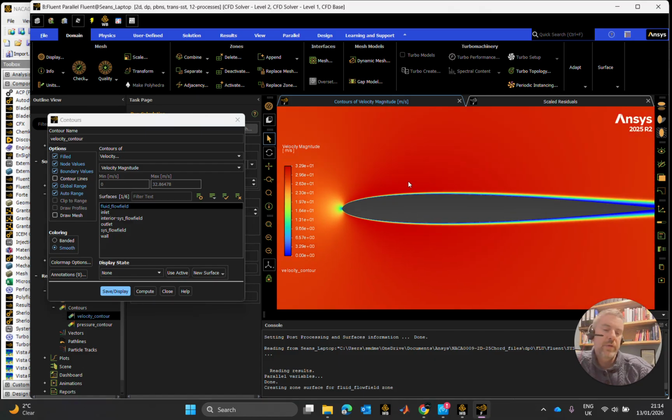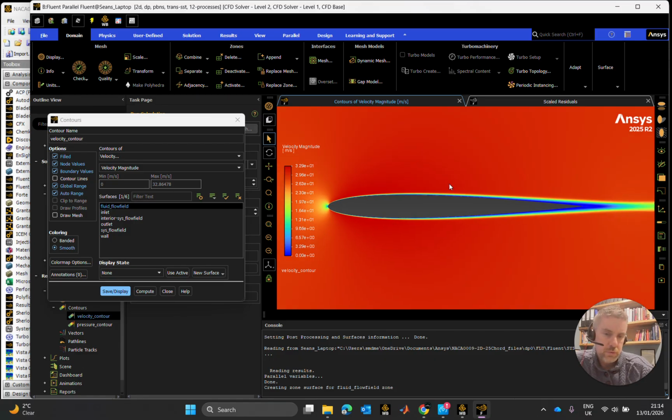That effect there of the accelerated flow producing the lower pressure is part of what gives the airfoil its ability to apply to the fluid, or rather the fluid to apply on the airfoil, a force which is perpendicular to the direction of flow, which will be in this case in two dimensions, up or down, depending on the symmetry of the airfoil, the camber, and the angle of attack.